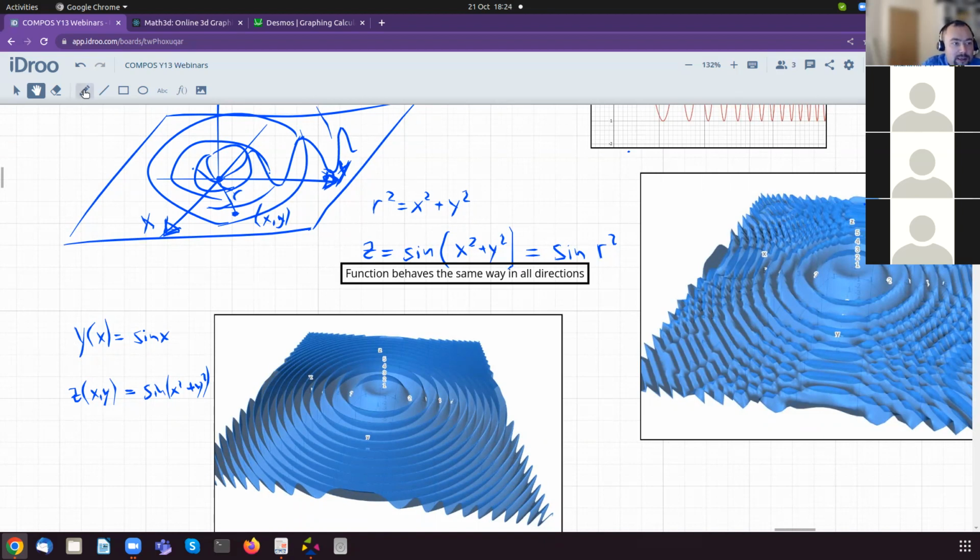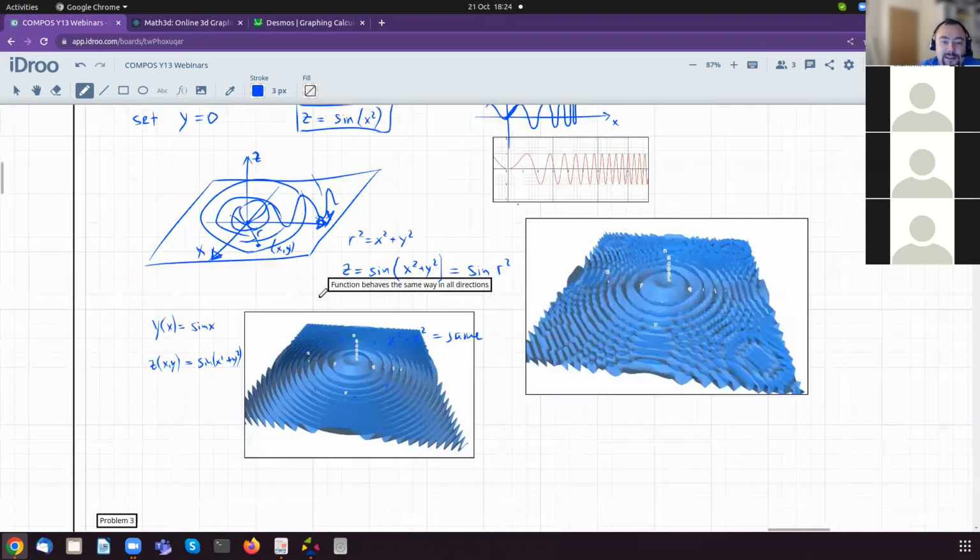Points on the same circle would have the same R. So for each of these points, X squared plus Y squared is the same value. Therefore, to this function, these points are identical. All the points which are equidistant are identical.